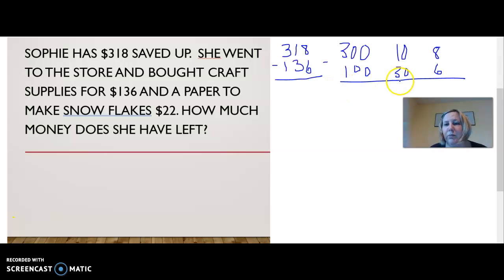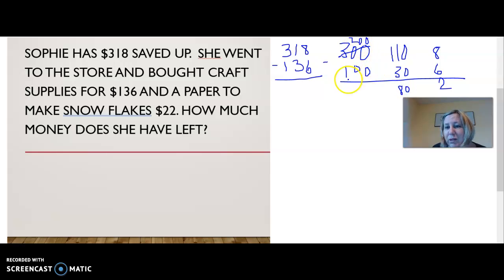All right, so y'all, I went ahead and I wrote it out. I broke it apart into place values. So now I can start subtracting. I start at my ones. 8 minus 6 equals 2. 10 minus 30 I can't do, so I'm going to have to come over here and borrow a 100. So 300 minus 100 is 200. And now I've borrowed 100, and I have 110 minus 30, which equals 80.